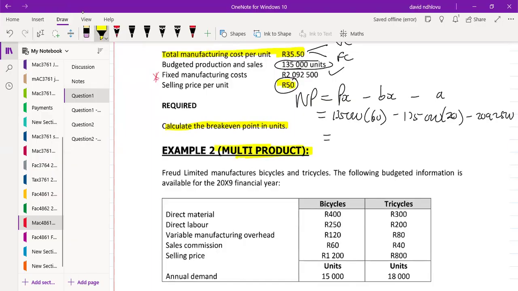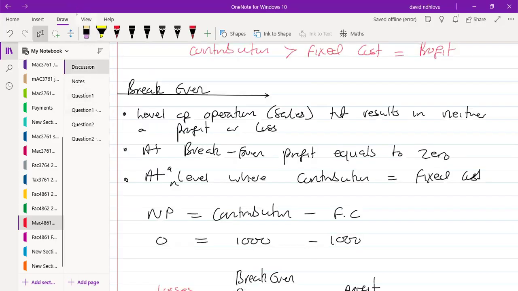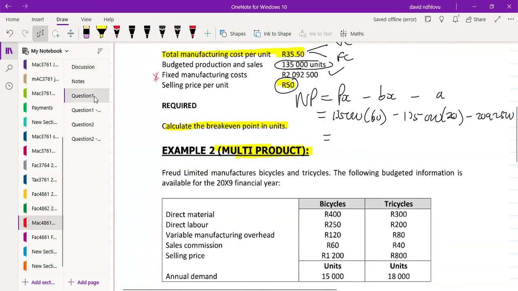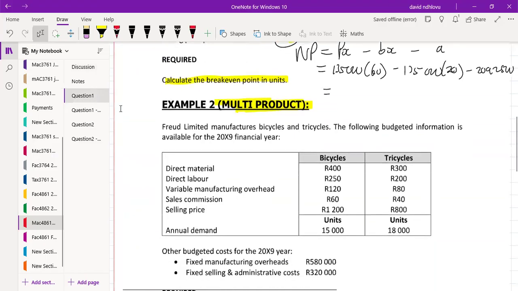When we have multiple products, it's a bit tricky. In our formula for the calculation of break-even per single product, we have total fixed cost divided by the contribution per unit. Now, the problem with multiple products is that usually the fixed costs are shared between the different products. So it's not easy to isolate the fixed costs per product.